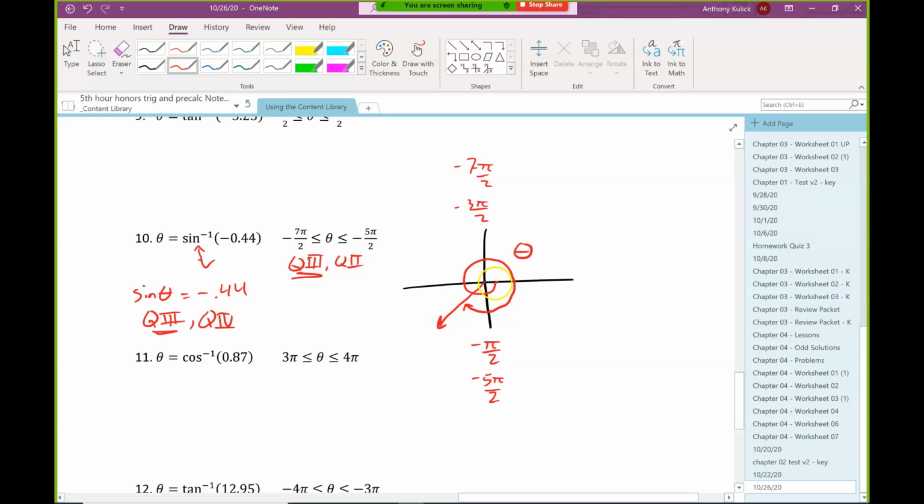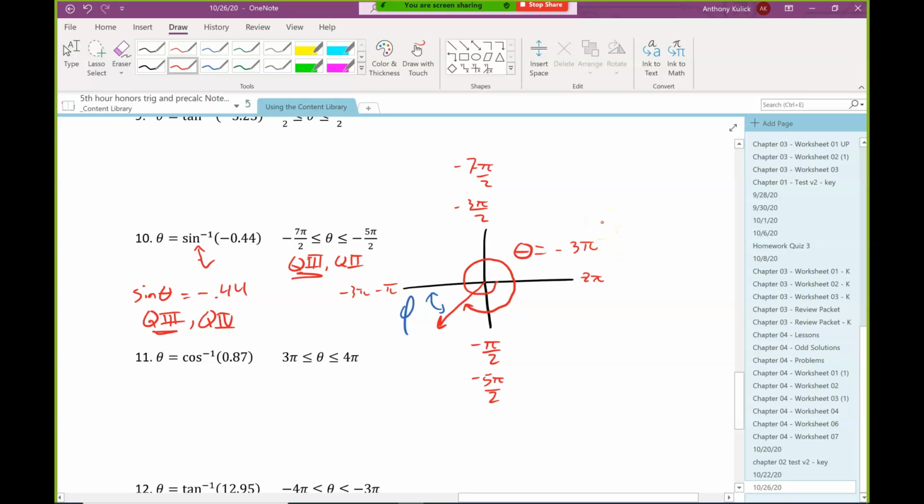Now, this was negative pi over here, and then negative 2 pi, and then here's negative 3 pi that we haven't quite gotten to. Agreed with that? So we'll call this spot here our phi. And our relationship here is we should be negative 3 pi over 2.